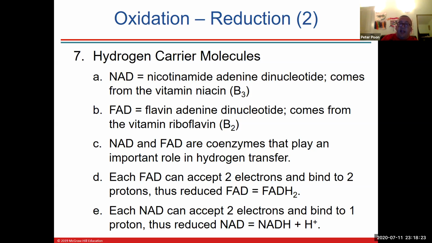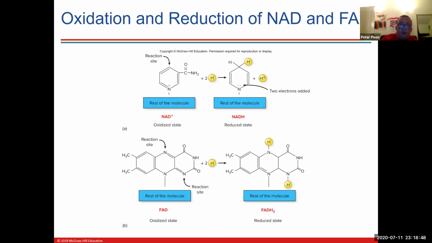NAD and FAD are the oxidized forms. FADH2 and NADH are the reduced forms. So NADH is energetic, NAD is not: energetic molecule, no energy molecule.